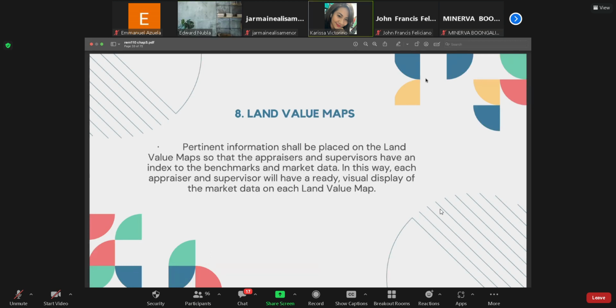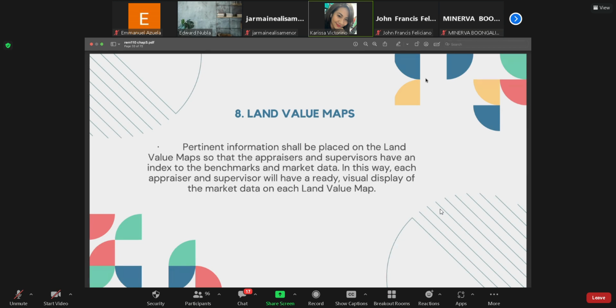So for the continuation, we have the land value maps. Pertinent information shall be placed on the land value maps so that the appraisers and supervisors have an index to the benchmarks and market data. In this way, each appraiser and supervisor will have a ready visual display of the market data on each land value map. So what are the information placed on the maps?